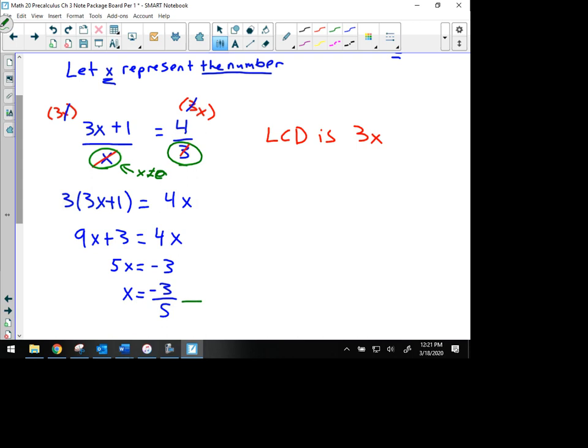And our potential answer to the question is not 0. It's negative 3/5. That works. So we're fine as far as our non-permissible values go. So we know that our answer is negative 3/5.